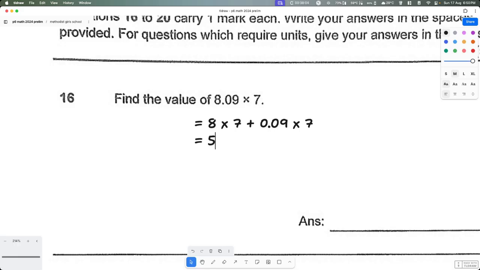So 8 times 7 is 56, and 0.09 times 7 is 0.63. So the answer to this is 56.63. There you go. All right, always break down, easier.